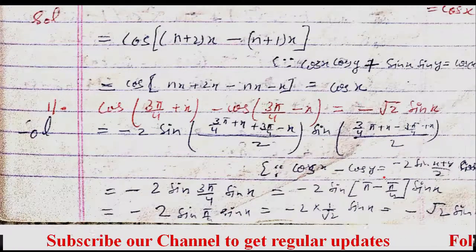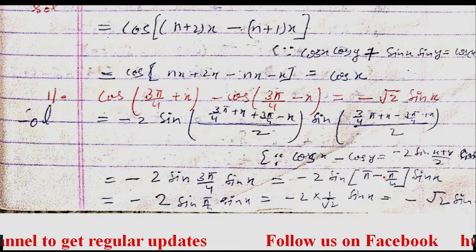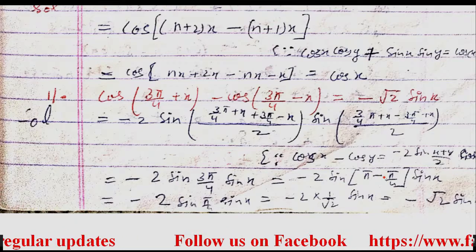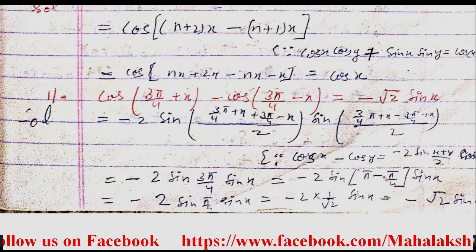So students, like this, question numbers 10 and 11 are completed. Again we used the formulas here. So the conclusion is, before doing this exercise, you should learn all formulas very properly.